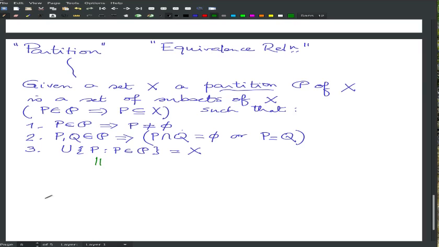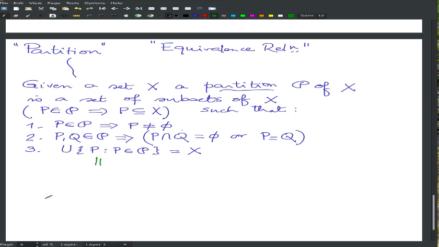I collect everything from the sets A and B. So x is a member of A union B if and only if either x is a member of A or x is a member of B. Now start thinking of it this way. I have a set which has only these two bags in it.